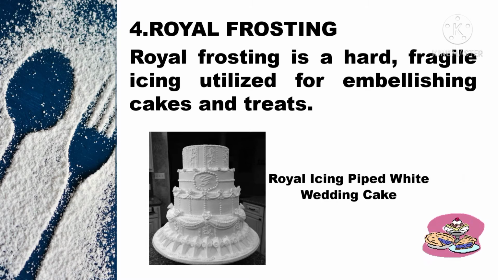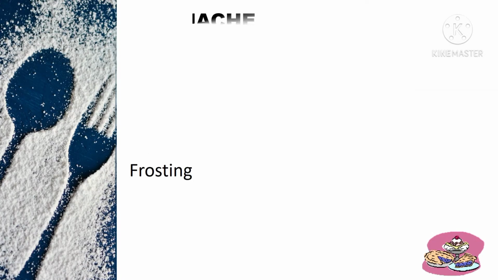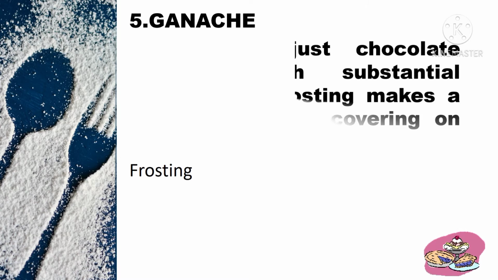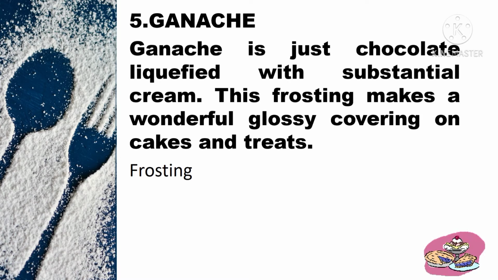Number 5, ganache. Ganache is just chocolate liquefied with heavy cream. This frosting makes a wonderful glossy covering on cakes and treats. Here's a simple pastry stand to pull off with homemade ganache.